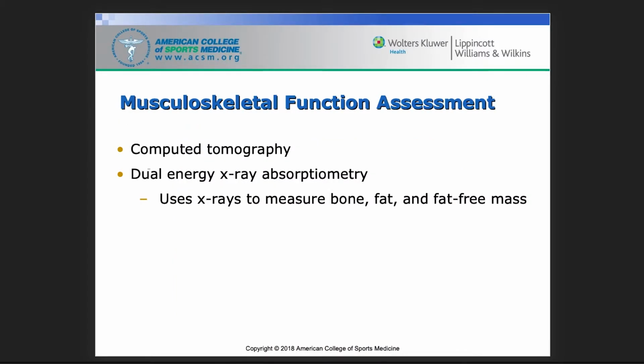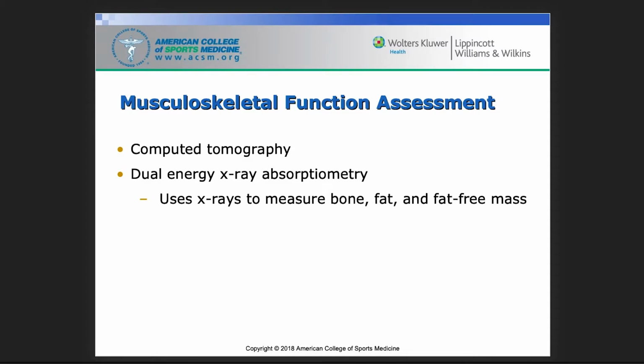Some other methods: computed tomography, so mapping of the body. One of the more common ones, however, though it's expensive and a more specialized piece of equipment, is the dual-energy X-ray absorptiometry, otherwise known as a DEXA. This uses X-rays to measure bone. In fact, it was originally developed, I believe, to measure bone density.